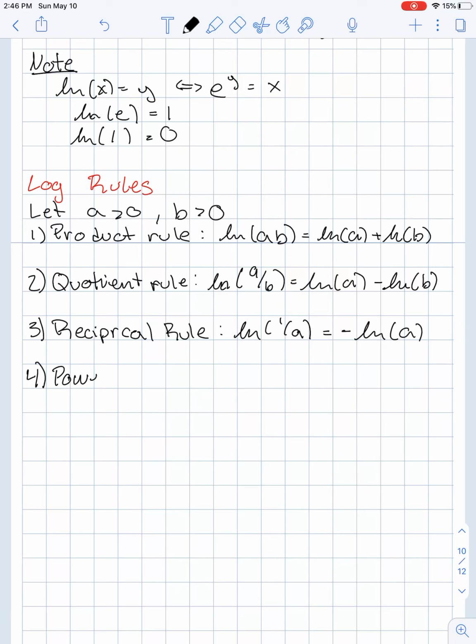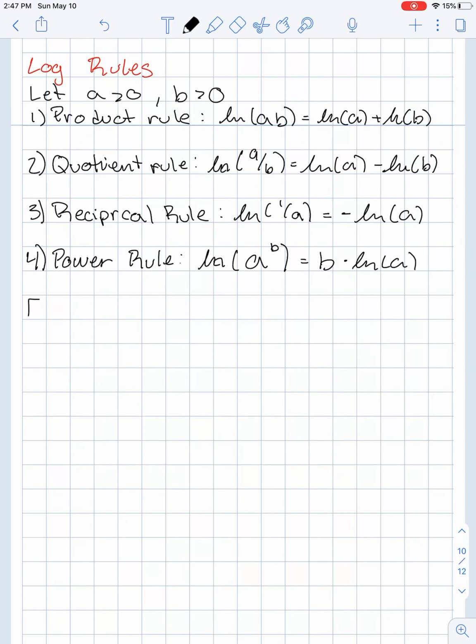And number 4 is the power rule, which is my favorite log rule and also maybe the most useful one. So if I have ln of a raised to the b, I can write that as b times ln of a. So this is when a is raised to the b, not ln of a raised to the b. It's very different.